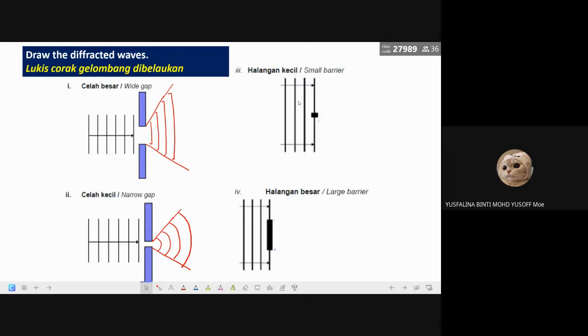The next one: what happened when it passes through the small barrier? What you have to do, for the small barrier here, you draw the line like this, and then you draw the wavelength here. It becomes like this.